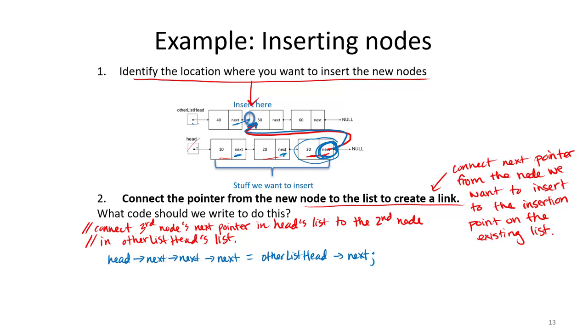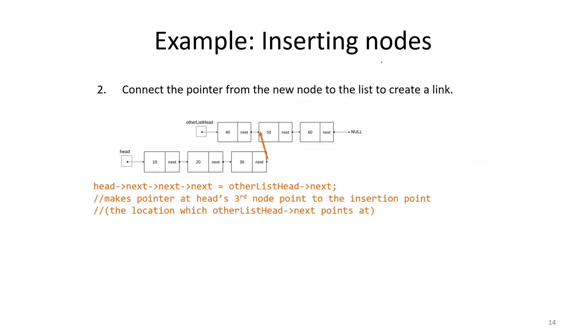So once again, we go find head's third node, so that's head, arrow next, arrow next, arrow next. We find that pointer and we make it point where other list head, arrow next points. Here's the result that we get. So once again, you can see now we have kind of this two-headed list where other list head still connects to its nodes like before.